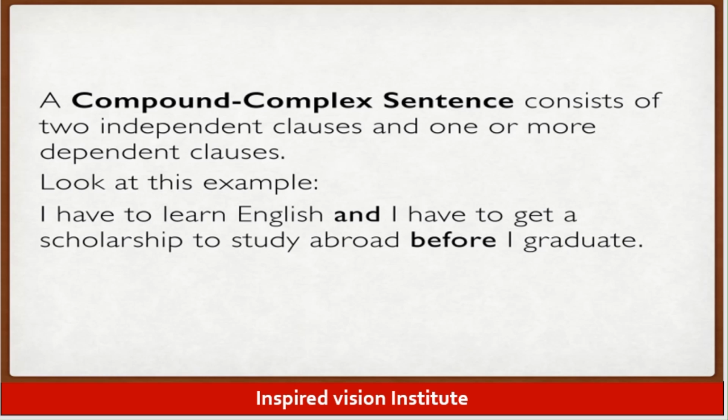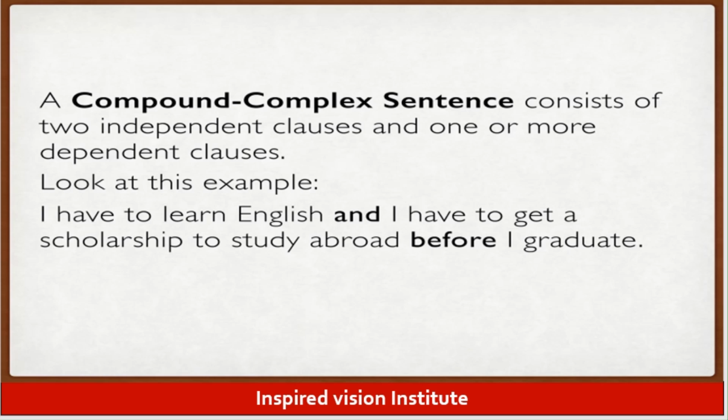Last, we have a compound-complex sentence. A compound-complex sentence consists of two independent clauses and one or more dependent clauses. The difference is that a complex sentence must have one independent clause and one or more dependent clauses, while a compound-complex sentence must have two independent clauses and one or more dependent clauses. Example: I have to learn English and I have to get a scholarship to study abroad before I graduate.